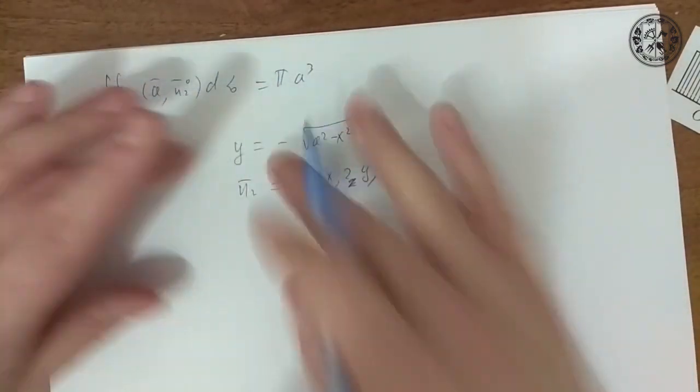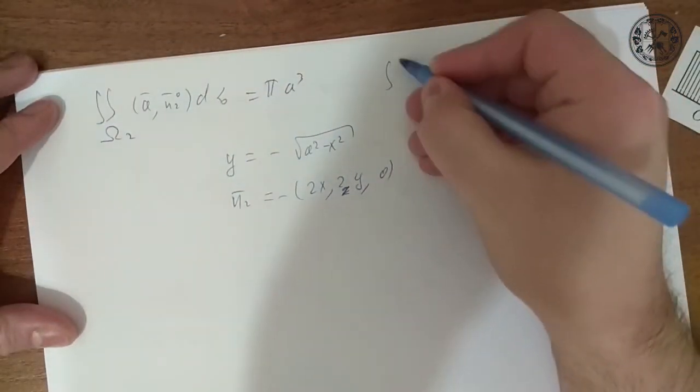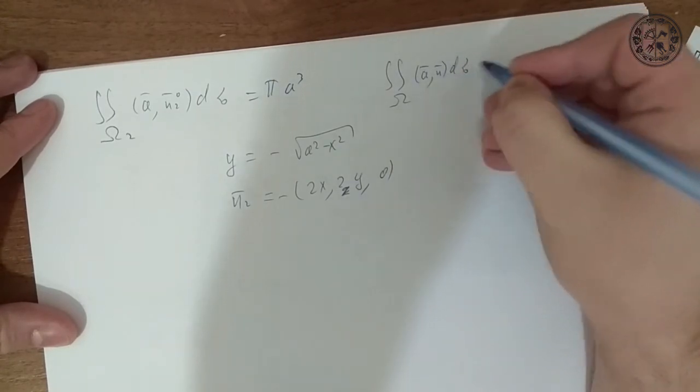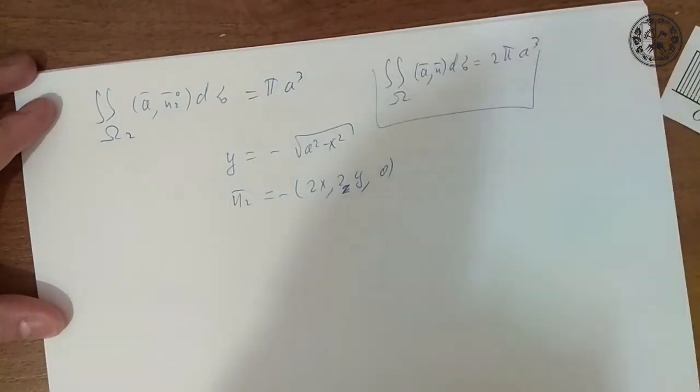So these two minuses will compensate each other and we get the same πa cubed. So our integral by omega of a n dσ will be 2πa cubed. This will be the answer.